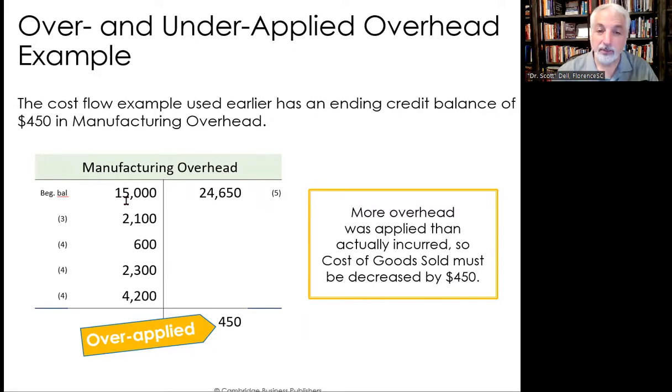Let's do the math: 17, 6, 23, 24. Yep, we're 450 short. So we overapplied 450, too much. We have 24,200 in this column, 24,650. 450 was applied too much. We're going to have to pull it over into cost of goods sold and adjust our cost of goods sold by decreasing it at that point.